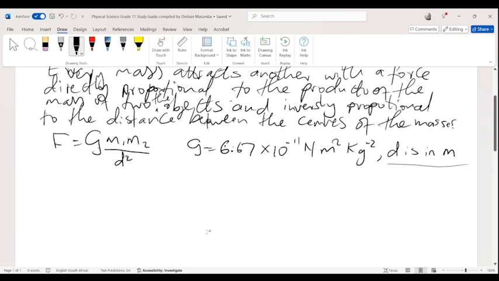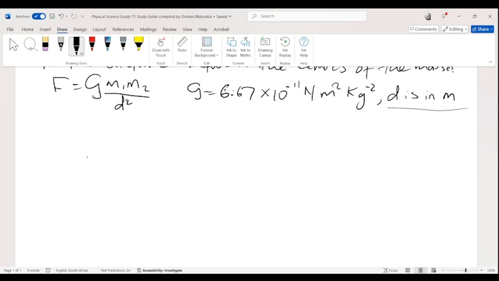The bigger the object, the bigger the force. So if you talk about Earth, it has a very big mass, which means the gravitational force will be significant. If you go to Mars, it is the same thing. You will be attracted to Mars and Mars will be attracted to you. So we're gonna talk about the influence of the bigger objects.